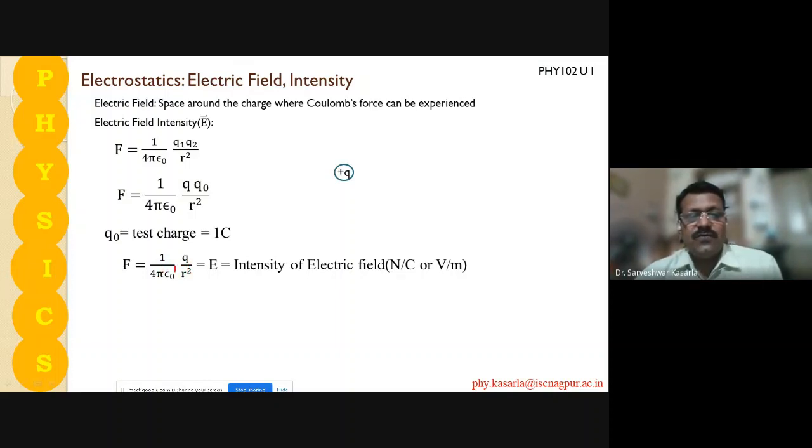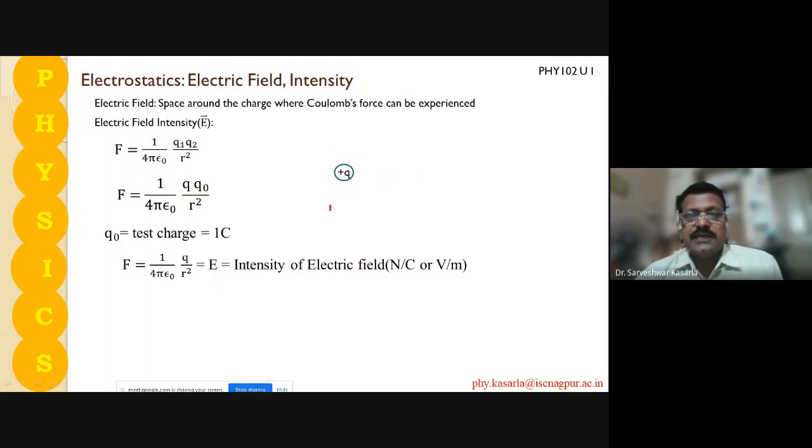And this force experienced by 1 coulomb charge is nothing but the intensity of electric field at distance R.